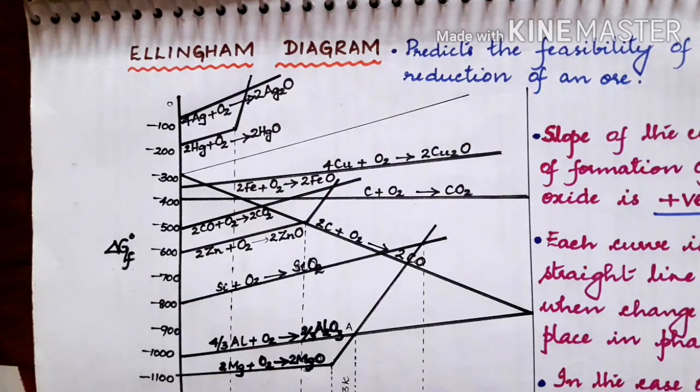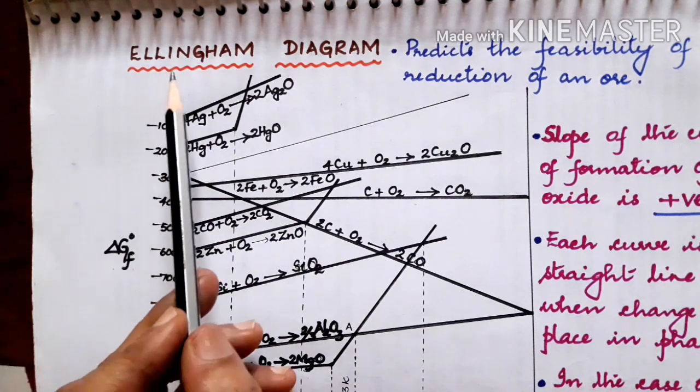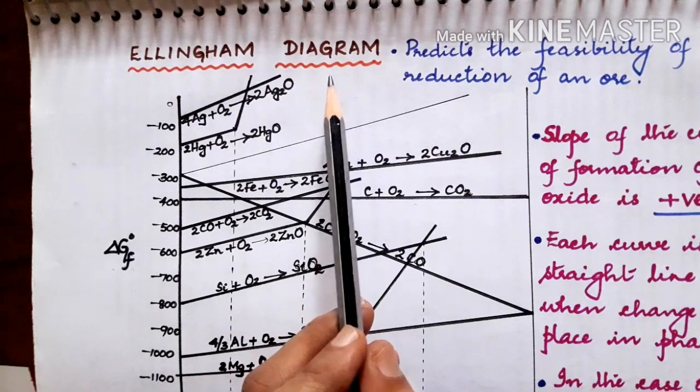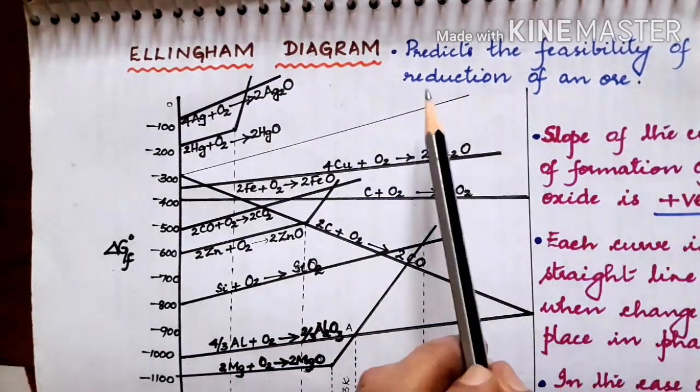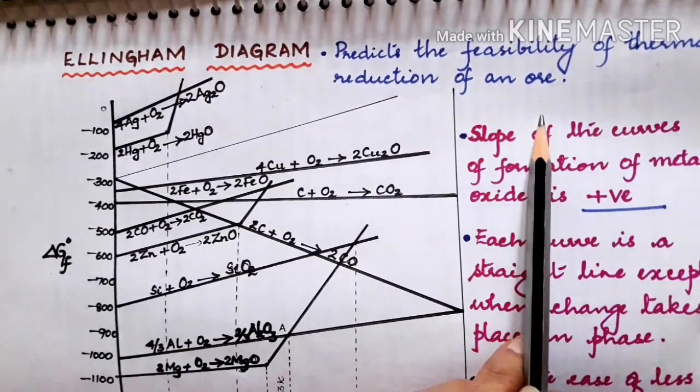Now that you have understood the thermodynamic principles of metallurgy, we'll come to how to identify whether a thermal reduction is possible. This is predicted using Ellingham's diagram. Ellingham's diagram predicts the feasibility of thermal reduction of the ore.